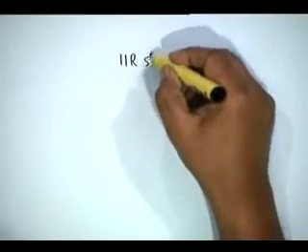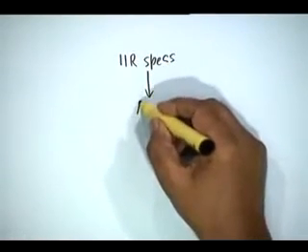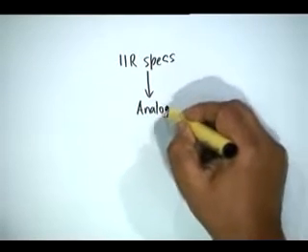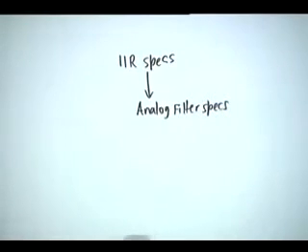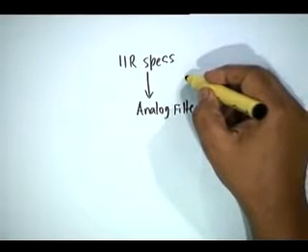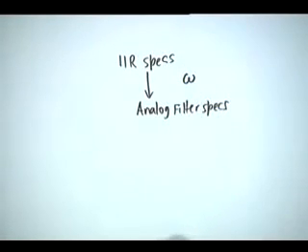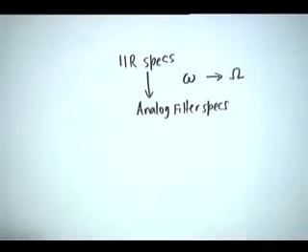So, it is an iterative process in FIR, whereas in IIR it is a one step process, and this comes about because IIR specs can be transformed to analog filter specs, okay, by using a transformation from omega, normalized digital frequency, to analog frequency capital omega.